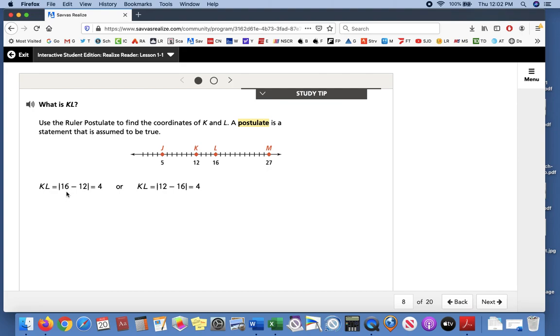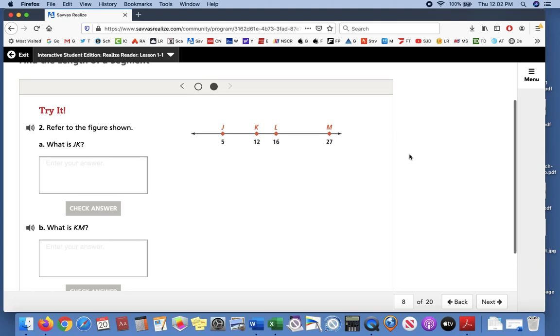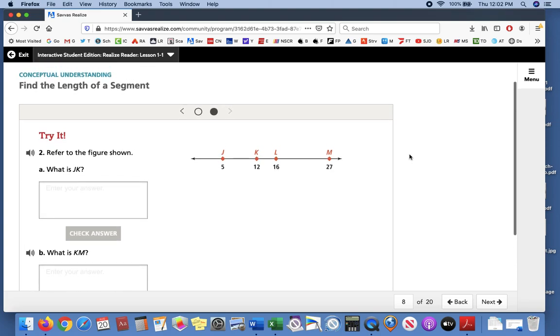So 16 minus 12 is 4, or the absolute value of 12 minus 16 is 4. Either way, you're going to get 4 as long as you take the absolute value. Hopefully that makes sense to you, because now you're going to try two on your own. Please pause the video and try these 2 problems, and then come back and see if you got them right.